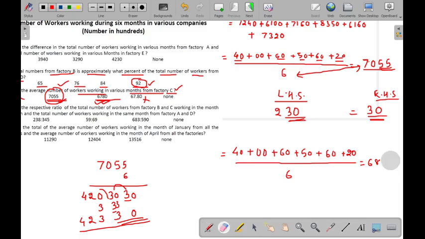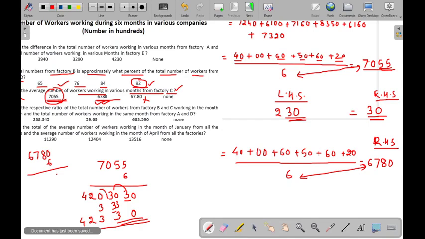Now if this is the average 6780, then let us multiply these two values and find out the last two digits of the right-hand side. When we multiply 6780 by 6, we get the last two digits: this is 0, this is 48, this is 42, this is 36, this is 46.